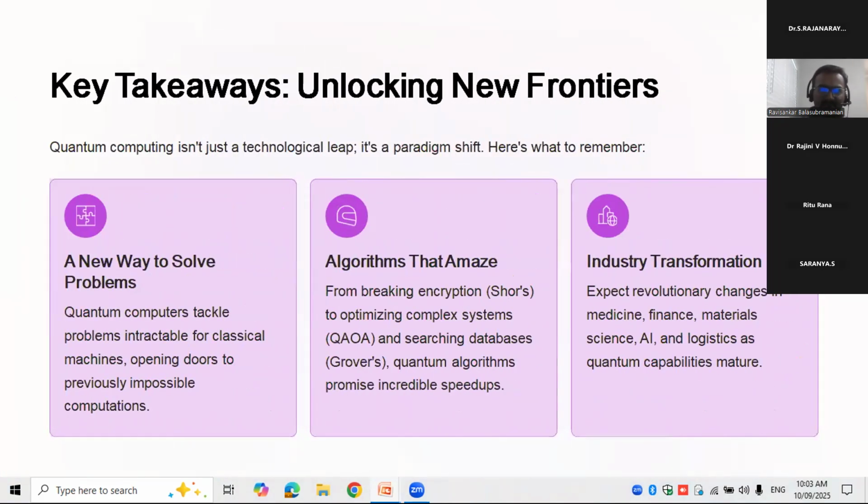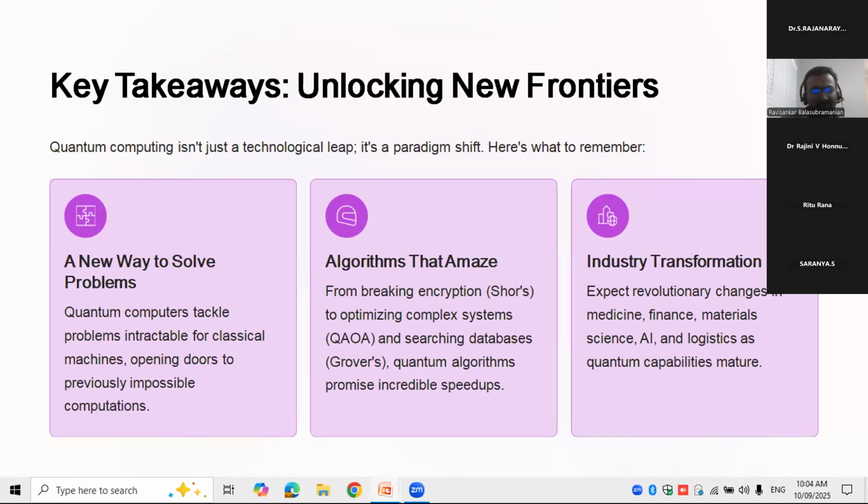The key takeaway here is that quantum is a new way to solve problems. Quantum computers tackle problems intractable for classical machines and open doors to previously impossible computations. And the algorithms: for breaking encryption, there is Shor's algorithm; to solve complex optimization problems, the QAOA algorithm; and for searching mechanisms, the Grover algorithm.